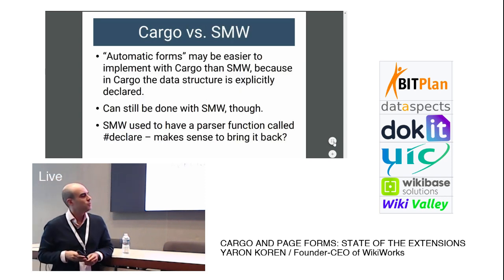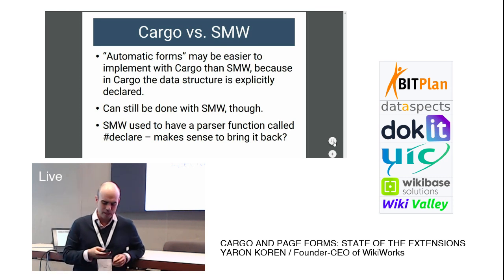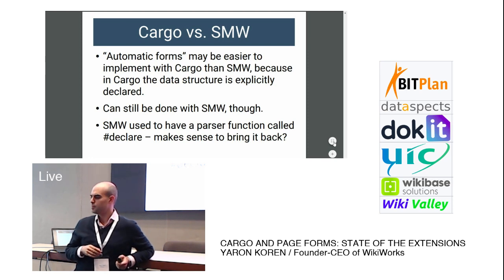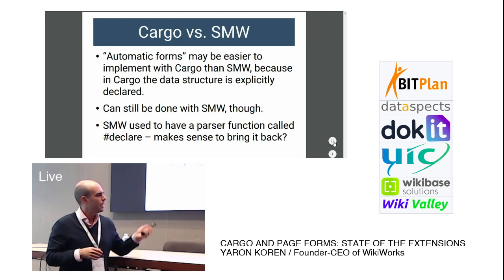This is all easier to do with Cargo than Semantic MediaWiki, I think, because Cargo explicitly defines, you can explicitly declare the data structure ahead of time. You say this template has this set of fields with each one with this type, that kind of thing. It's not explicitly defined in Semantic MediaWiki.